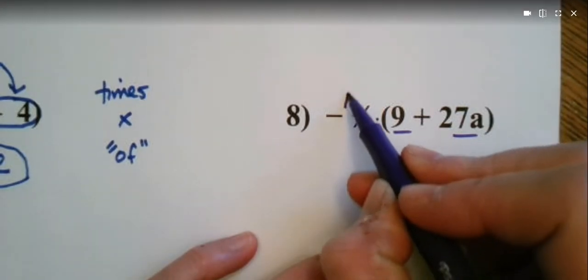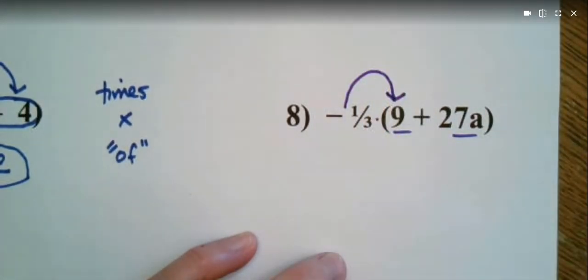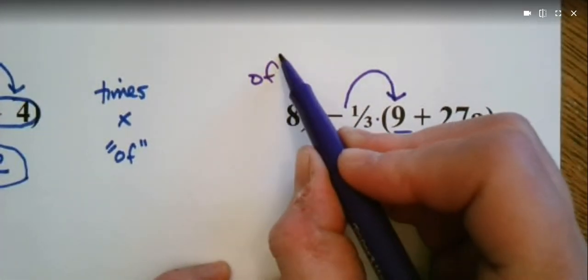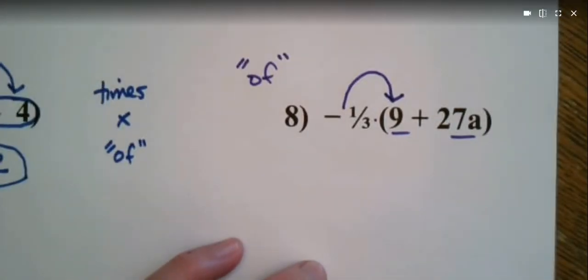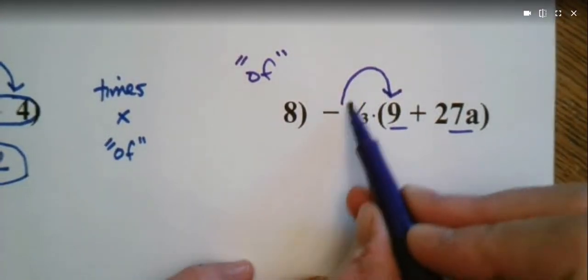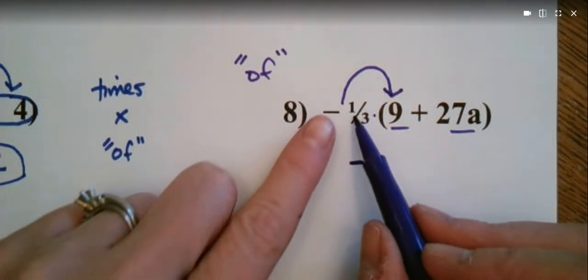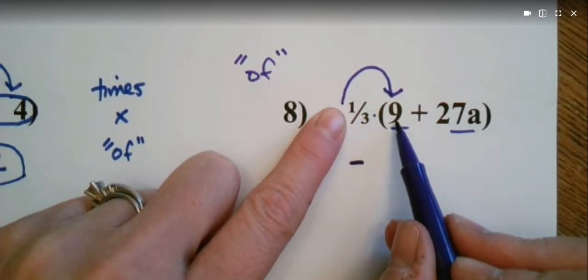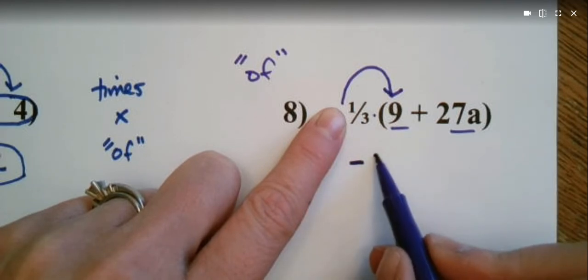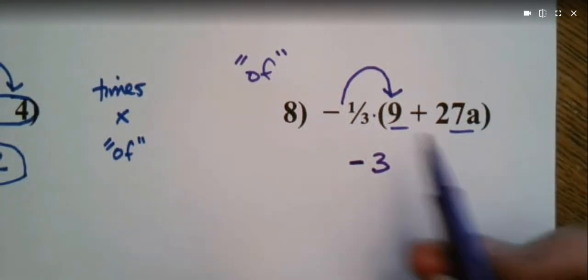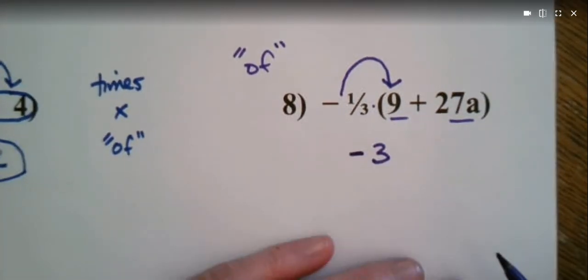I start with negative 1/3 times 9. Remember, I can think of the word of when I think of multiply. I know the signs disagree, negative times positive, so I'm going to get a negative number. What is a third of 9? That'd be 3. A third of 9 is 3, and because the signs disagree, it's negative.